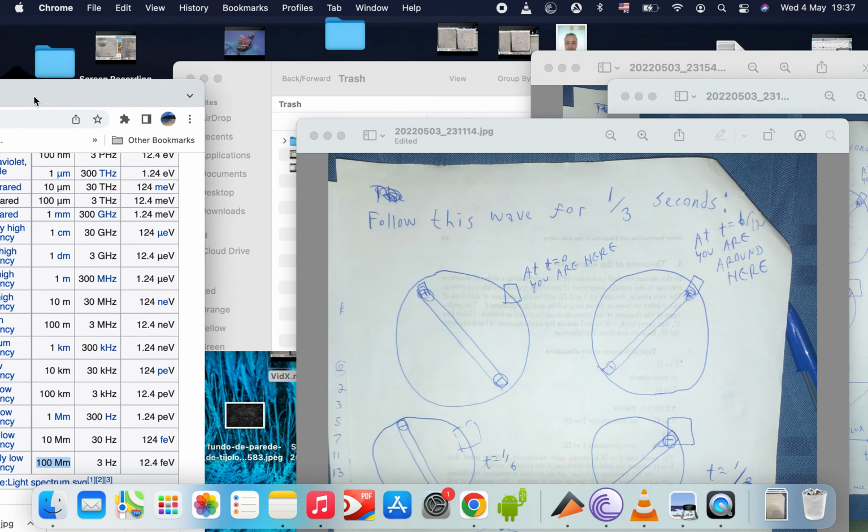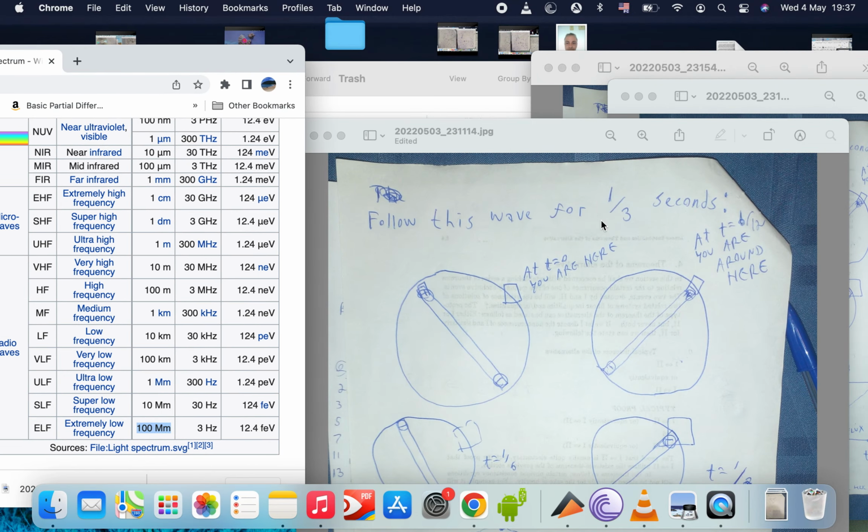And we're going to follow this wave for 1/3 of a second, because 1/3 of a second is a full cycle. Now, we're going to assume we're right here. And remember, the stationary hypothesis, the superluminal principle, says that mass is not stationary.